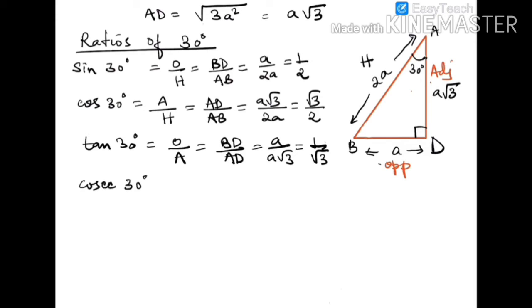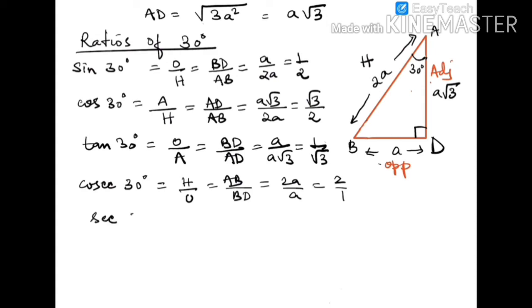Cosec 30 degrees is equal to hypotenuse upon opposite, that will be AB upon BD, and that will be 2A upon A, which is equal to 2 upon 1. And we can also write this ratio as reciprocal of sine 30 degrees. So we will get the same result. So let's find the remaining ratios in the same manner.